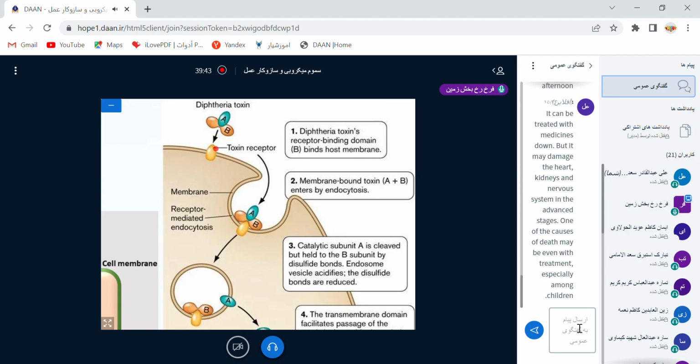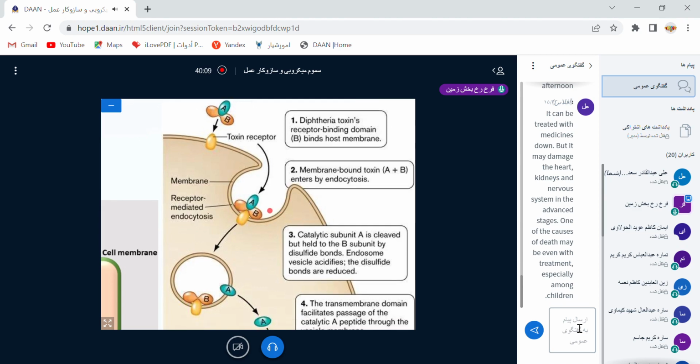Now it is not attachment of the bacteria to the receptor, it is attachment of the bacterial toxin, diphtheria toxin, to the receptor. Then what happened? Number 2, the membrane-bound toxin AB enters by endocytosis.